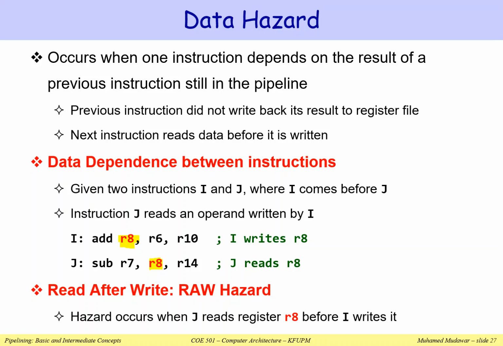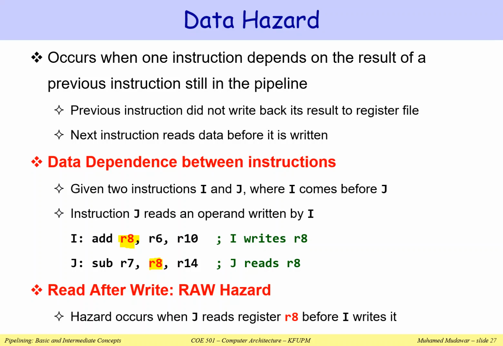The problem is J wants to read R8, but it will read R8 in the second stage of the pipeline. This is when the instruction J is going to read register R8. The problem is it's going to read R8 before it is written by instruction I.